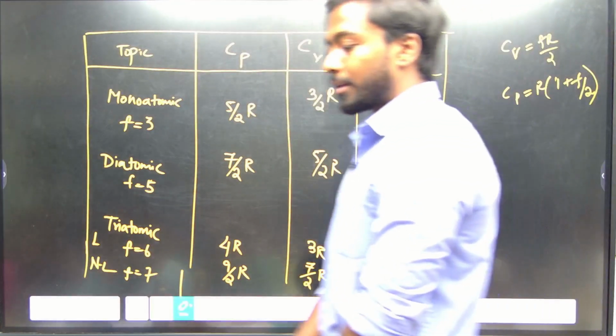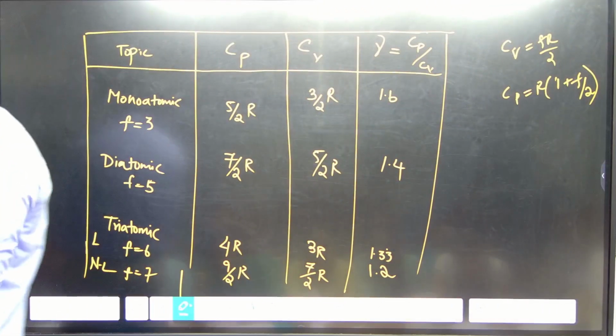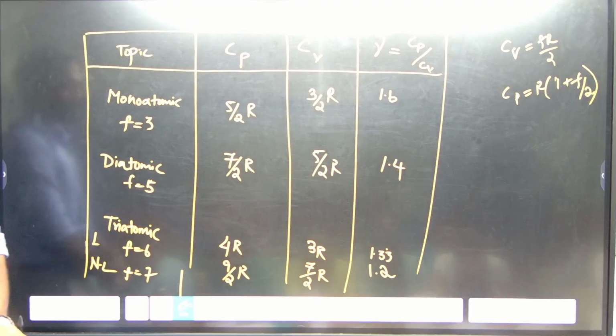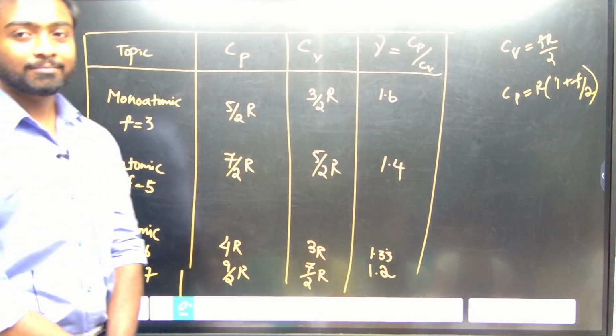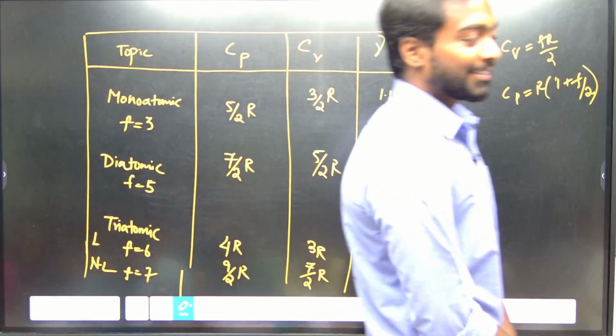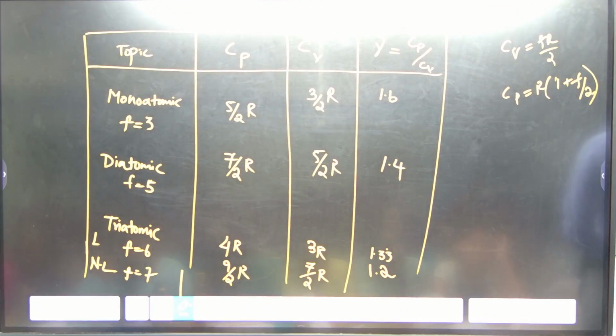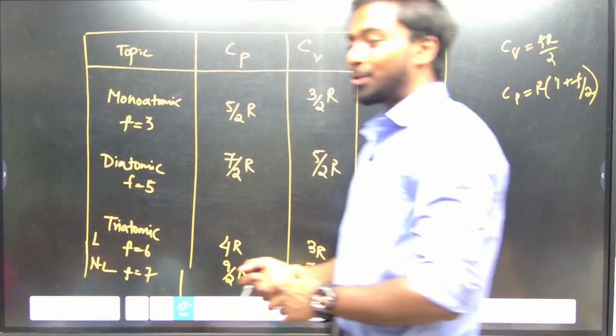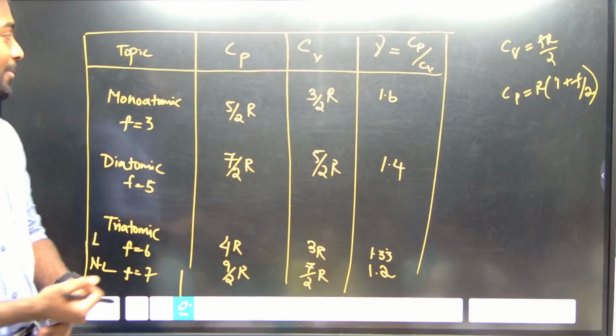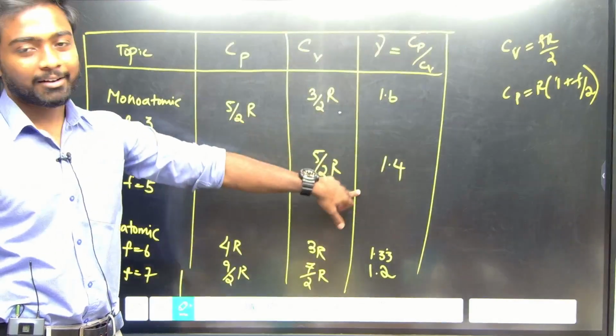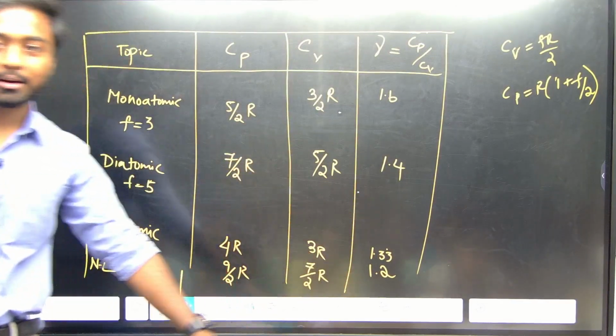If they are asking any order of the monoatomic, diatomic and triatomic, what will be the order? Descending order. What is the meaning of descending order? Highest to lowest. So in descending order, monoatomic, diatomic and then triatomic will come.